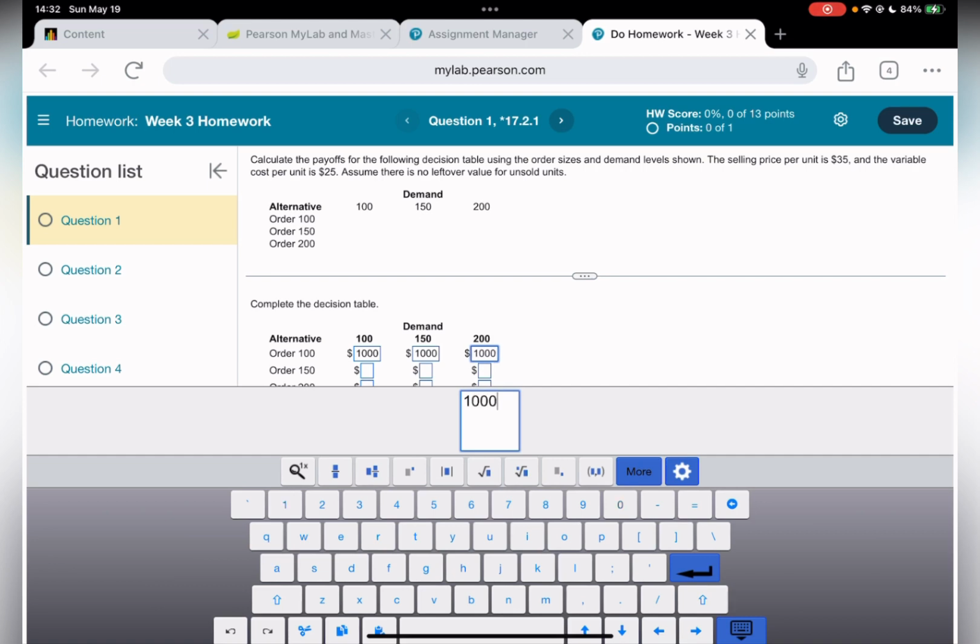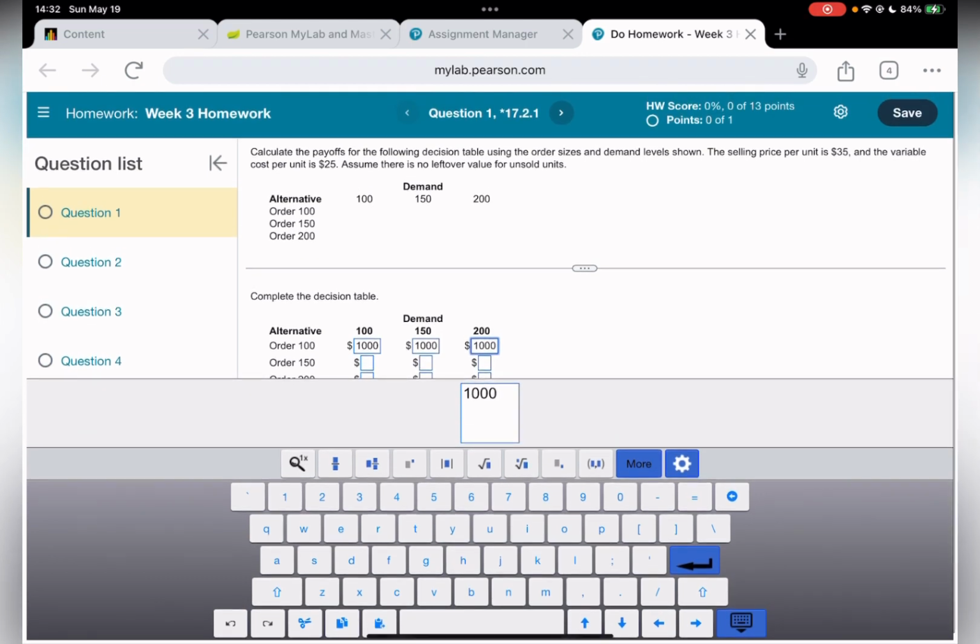All right. Moving to 100, 150. I have here 500. 450, it's going to be, oh no, I'm sorry, negative 250.